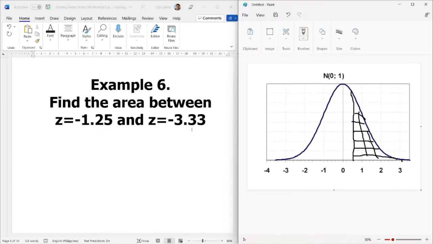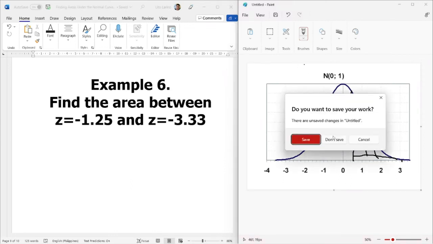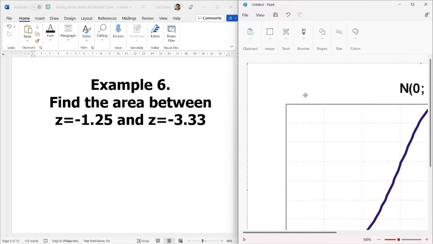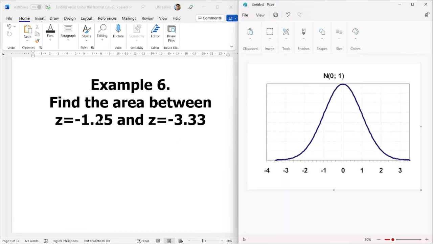Let's illustrate this using our standard normal curve. The first z-score is negative 1.25. It may be here. And the second is negative 3.33. Here, probably. Okay. Between these two z-scores, what is the area?